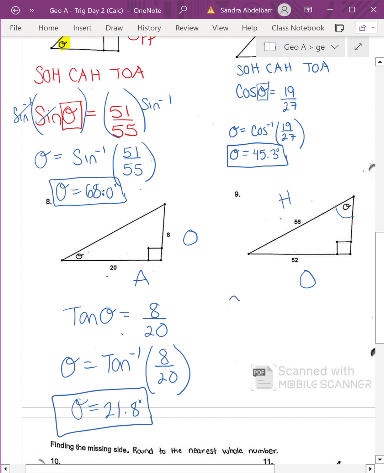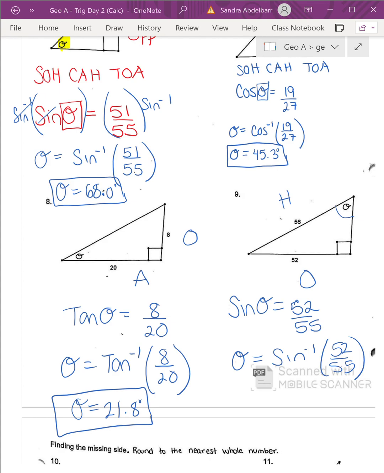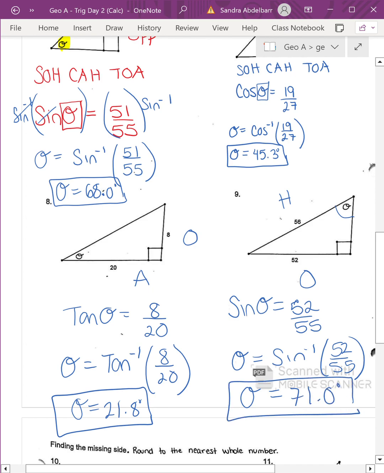For the next one, number 9, you have opposite and hypotenuse. That is sine. So you should have had sine theta equals 52 over 55. We want to solve for theta, so theta equals the inverse of sine of 52 over 55. You press second sine, 52, division sign, 55, close the parenthesis.